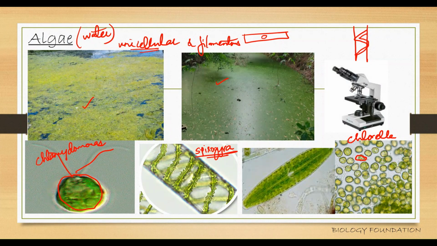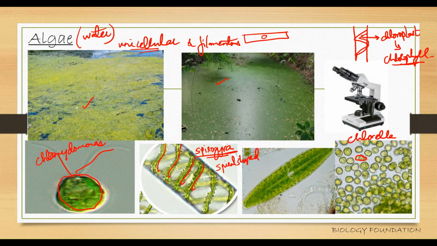This is basically the chloroplast. Chloroplast has what in it? Chlorophyll pigment. So the chlorophyll-bearing organelle present in plants is the chloroplast. In Spirogyra it is a spiral-shaped chloroplast, hence you can see the design like this.